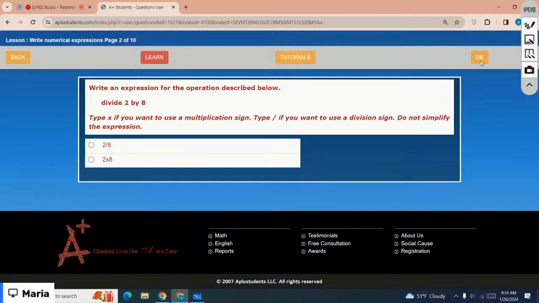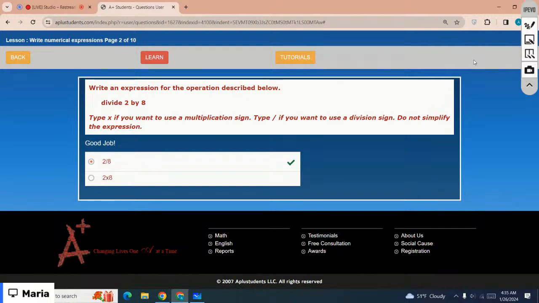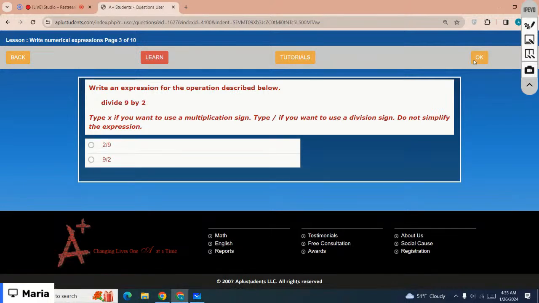Write an expression for the operation below. Divide 2 by 8. Which is the correct option? The correct option is, yes, that is option number 1. You have to divide 2 by 8, so that is option number 1. Write an expression for the operation described below.